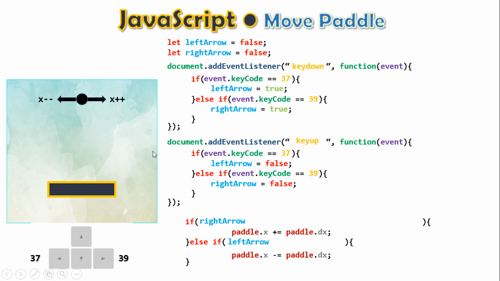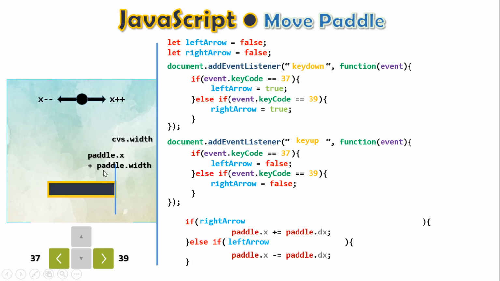We have here a problem because, for example, let's say the user is moving the paddle to the right. When it reaches the right wall here, it will go beyond that wall. So we need to prevent that from happening. To prevent that, we will do just some maths. So this is the canvas.width, and this is the paddle.x. So this is the paddle.x plus the paddle.width. So this is the right side of our paddle.